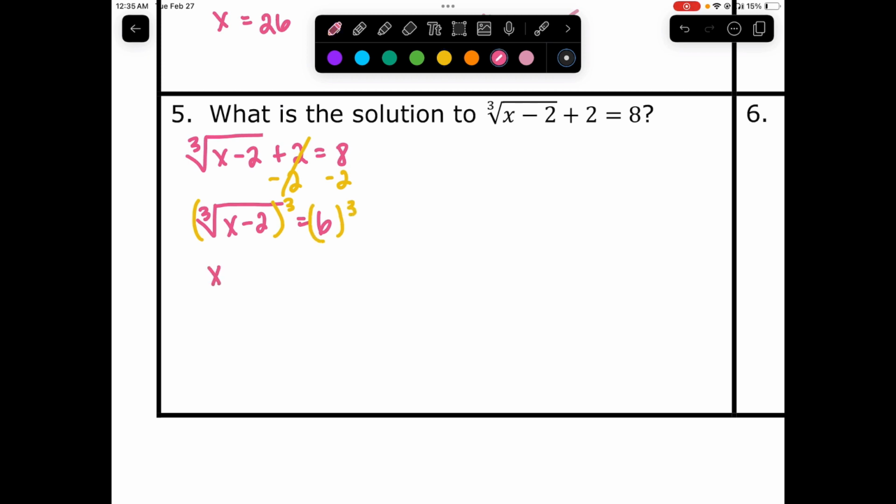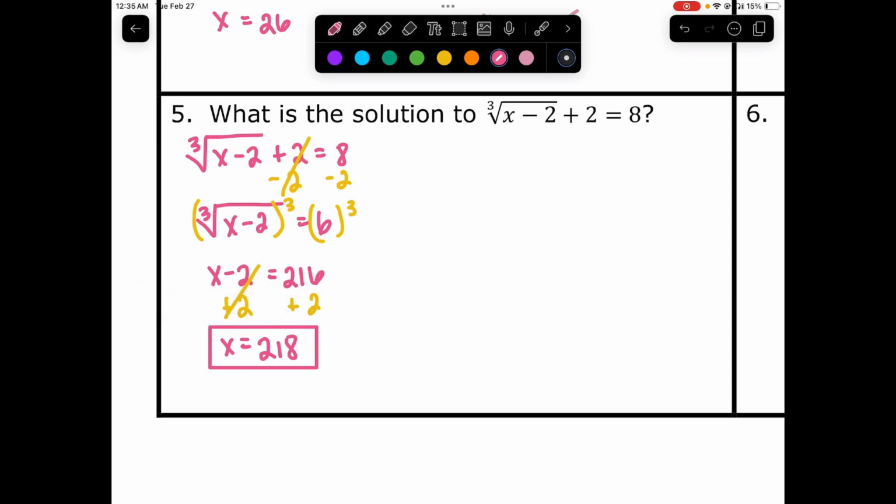So now we've canceled out the cube root. 6 to the third power, I'm pretty sure it's 216. I'm willing to bet money on that. And we're going to add 2 to both sides, and that'll give us 218. Boom! Check your work. Plug it back in.